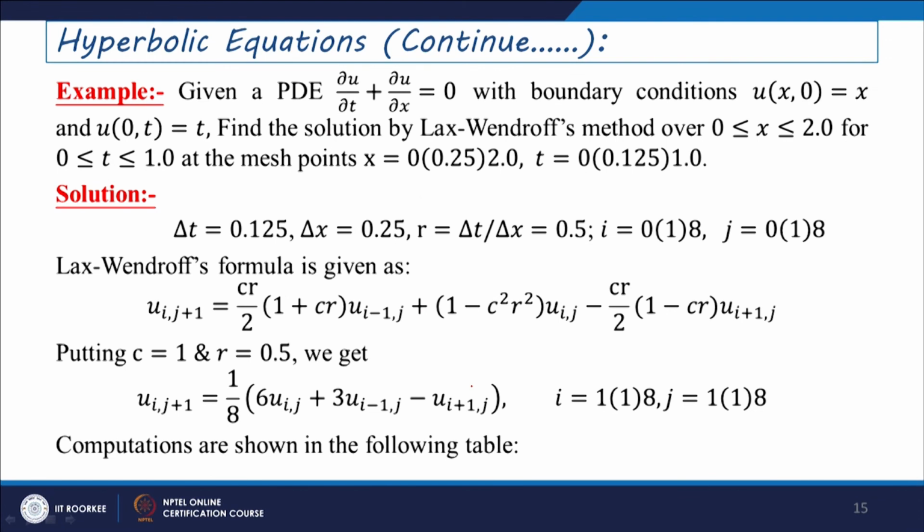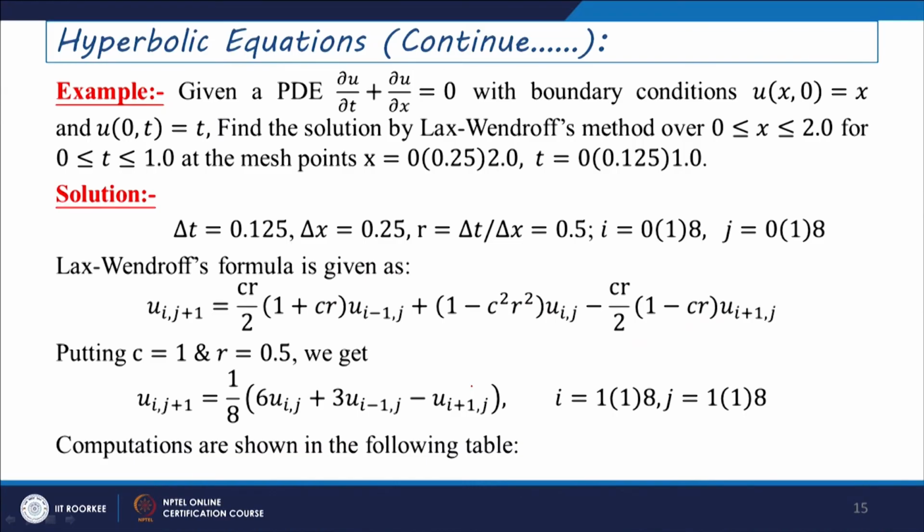If the question is to find the solution using this scheme over x from 0 to 2.0 and t from 0 to 1.0, with mesh sizes x from 0 in 0.25 increments up to the last point x n equals 2.0, and time increments of 0.125 from 0 to 1.0, then we proceed with del t equals 0.125 since it is given in the question, and del x as 0.25.